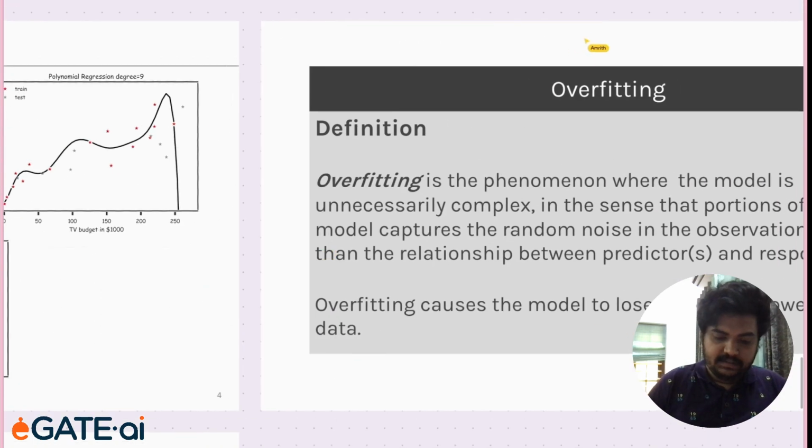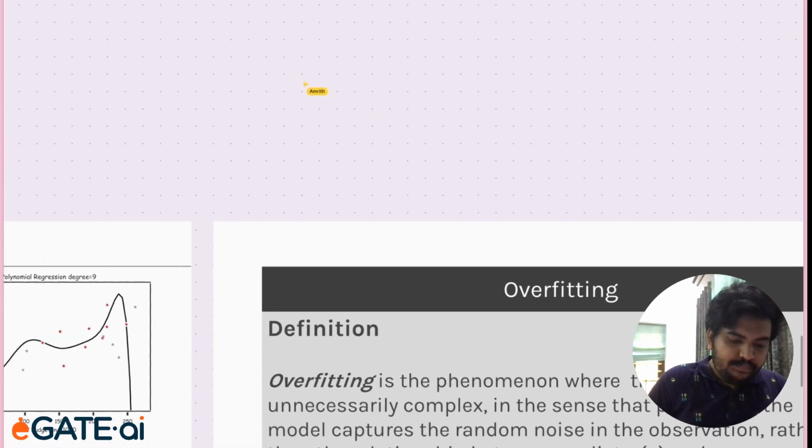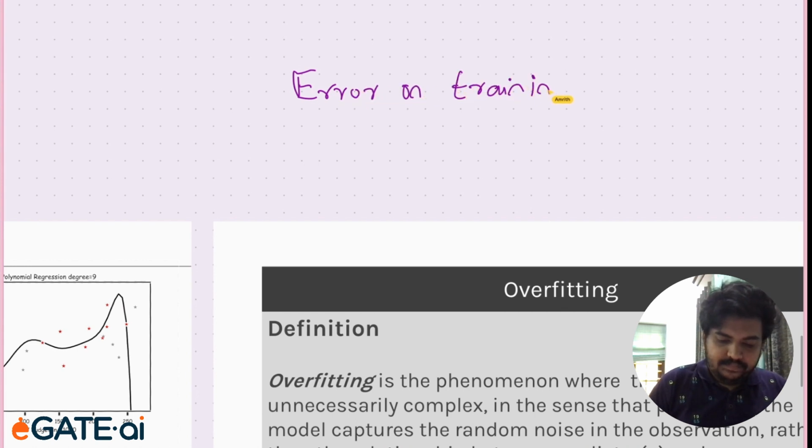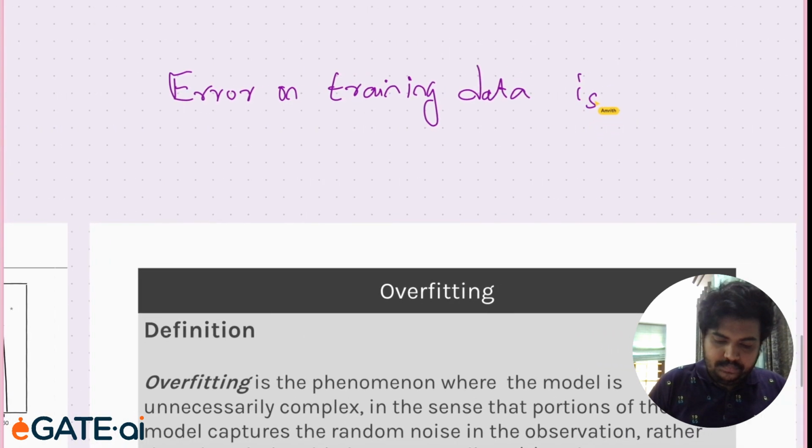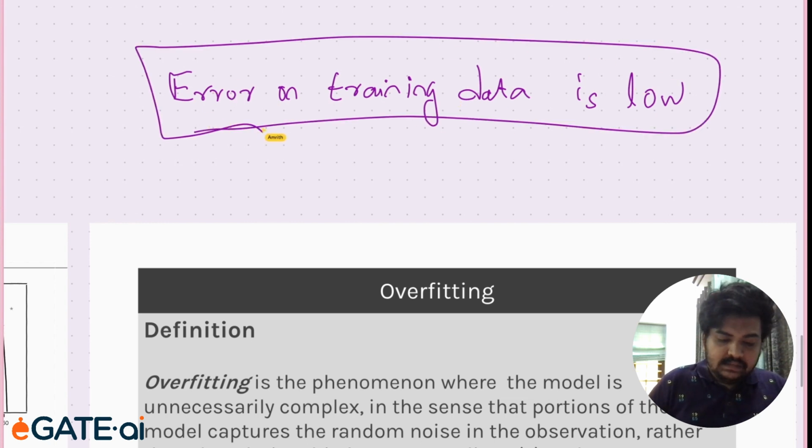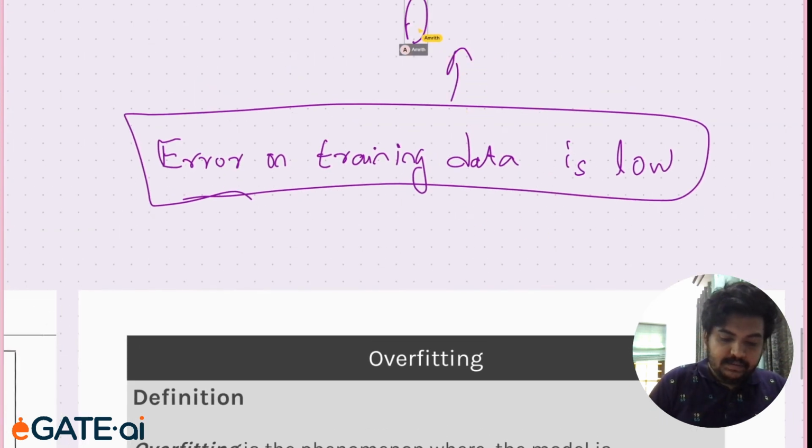So let me write that here. Error on training data is low. Now this is a desirable feature. There is no doubt to that.